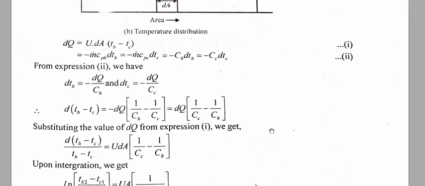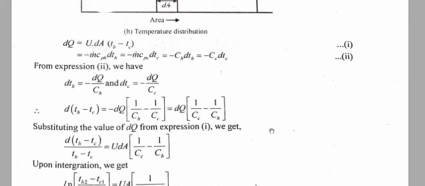Then we have dq is equal to U dA (Th minus Tc), where dq is equal to minus mh cph dTh, which is equal to minus mc cpc dTc, that is minus Ch dTh equals minus Cc dTc.